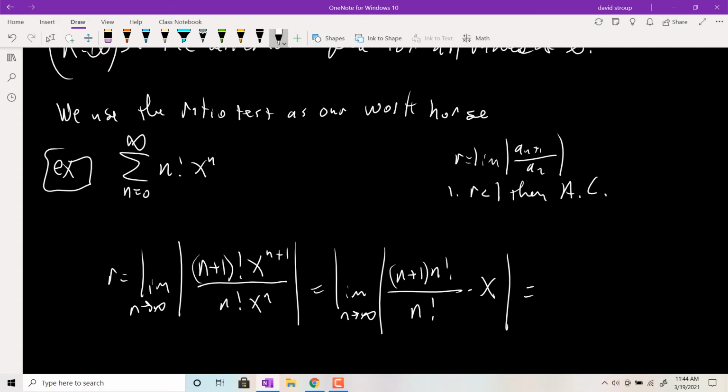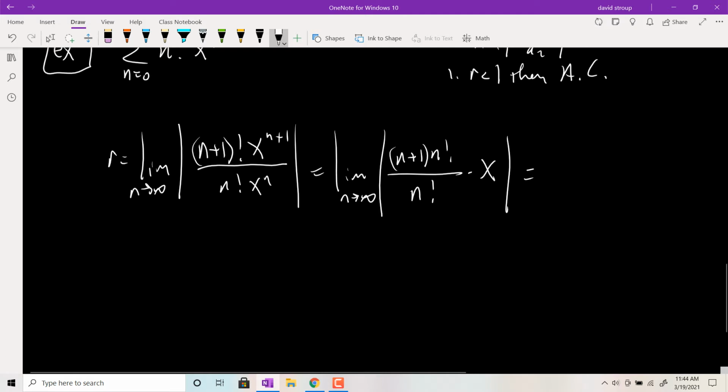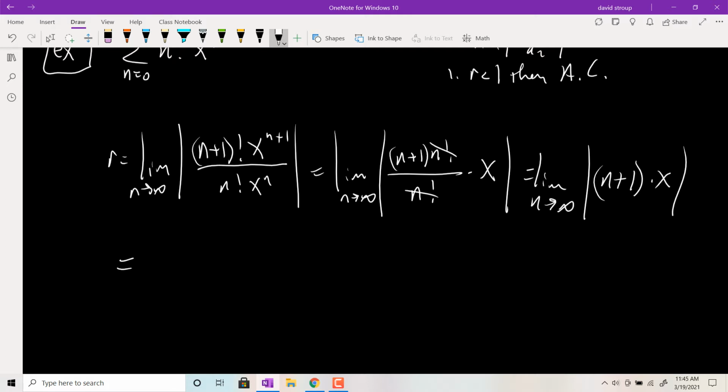Let me show you how it kind of works. So we have the limit as n goes to infinity. The n factorials will cancel, so you just have n plus 1 times x. Using the rules of absolute values, the fact that the absolute value of a product is the product of the absolute values, we could rewrite this as the absolute value of n plus 1 times the absolute value of x, and then factor the absolute value of x out because it's not dependent on the limit.